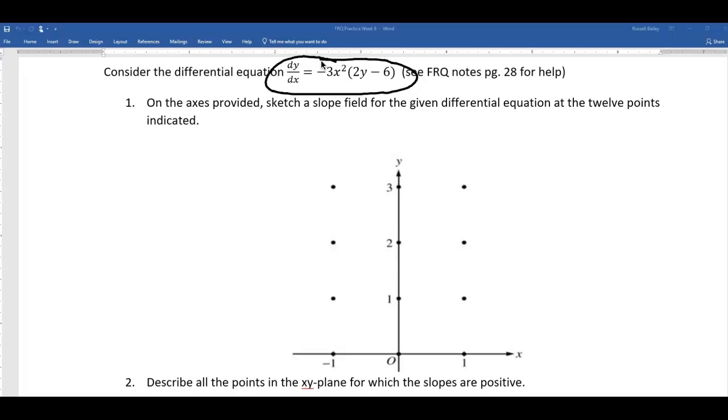Well, there's 2 ways that this thing could come out to be positive. Actually, I only see one. First of all, we have -3 being multiplied by an x squared, which is being multiplied by a 2y minus 6, right? Now, I want to know, in what circumstances would this come out to be positive? Because that will tell me where that happens on the graph.